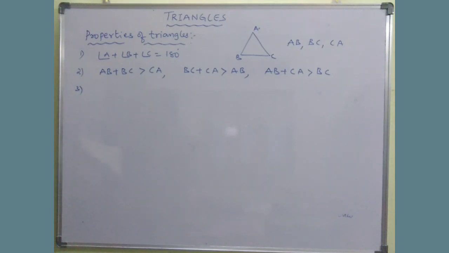Now coming to property number three. The difference of the lengths of any two sides of a triangle is smaller than the length of the third side.